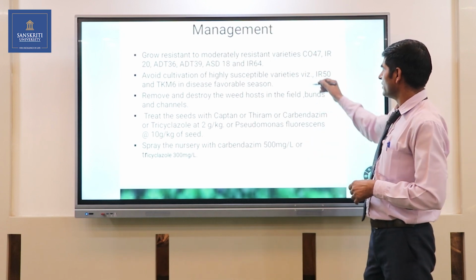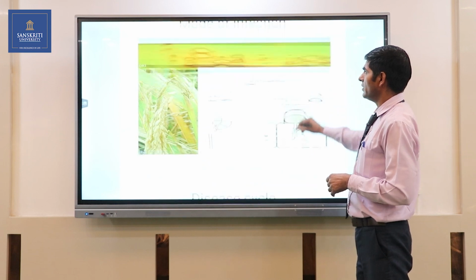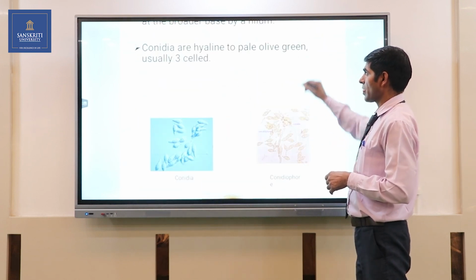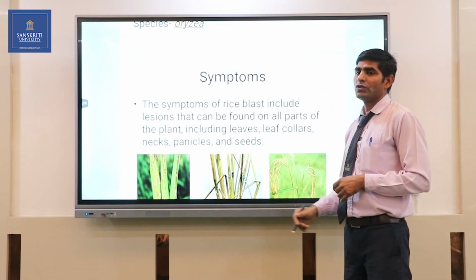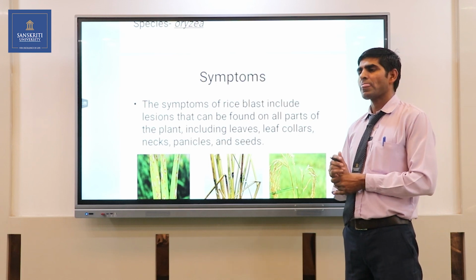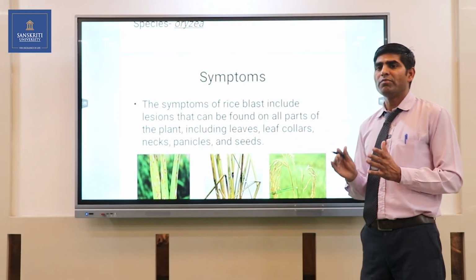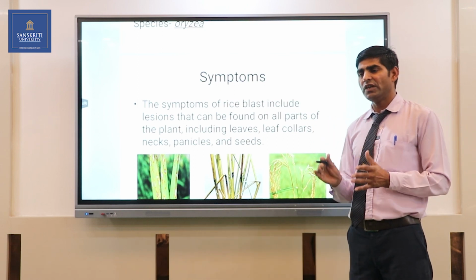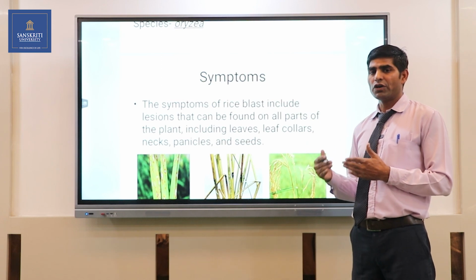So this is a disease of the rice crop, and we discussed this important disease of rice, and it is easily minimized and controlled by using certain practices or control methods.